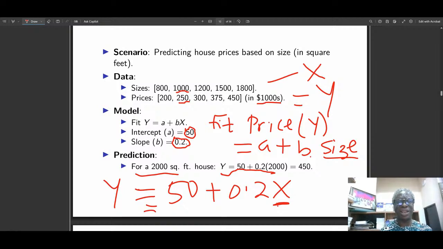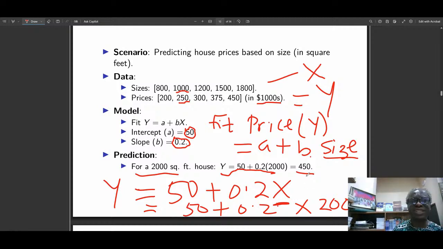So we have 50 plus 0.2 times 2000, and that gives us 450, which means the predicted house price for a 2,000 square feet house is $450,000. So this is how regression is calculated.